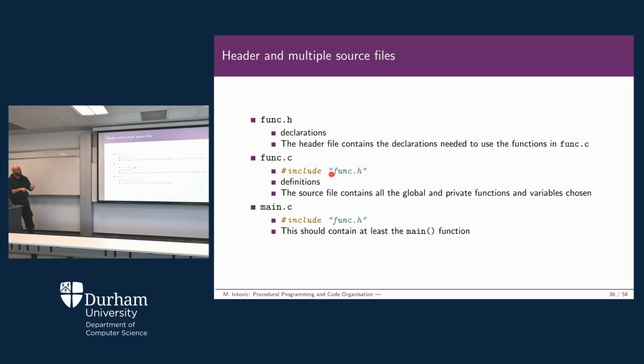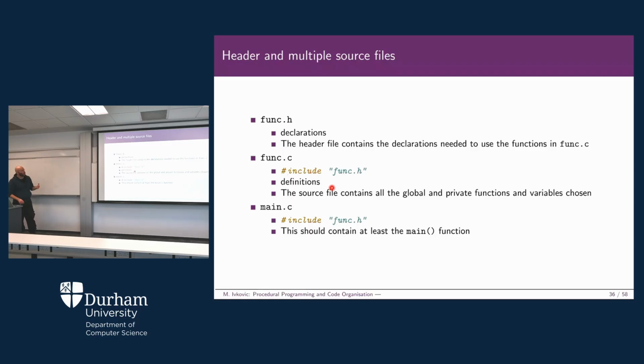You're including local files, so you can actually put in a full path here, assuming it's in the same directory. You start without it. So what this include does is quite literally copy-paste whatever is in func.h and put it into your file while compiling. So you don't see that. You see it as two nicely separate files, but what the compiler sees is: copy this entire thing into this file and then move on with the compilation, right?